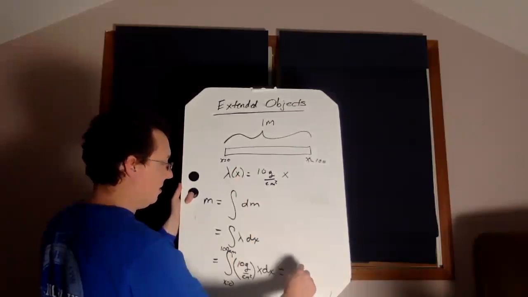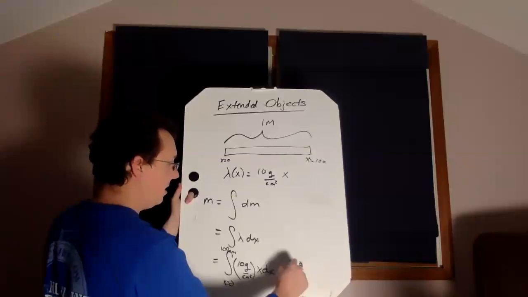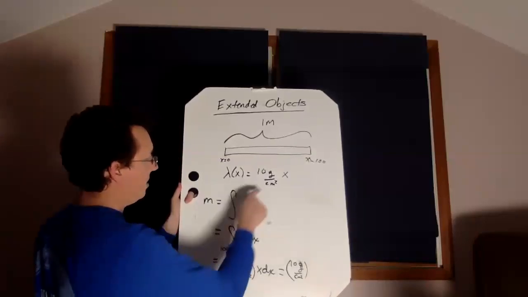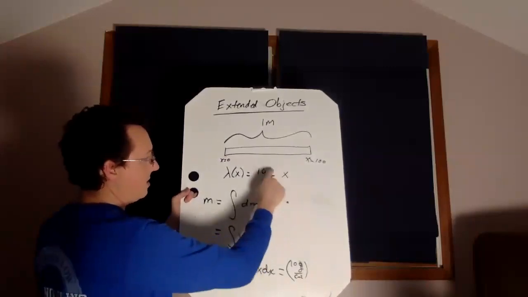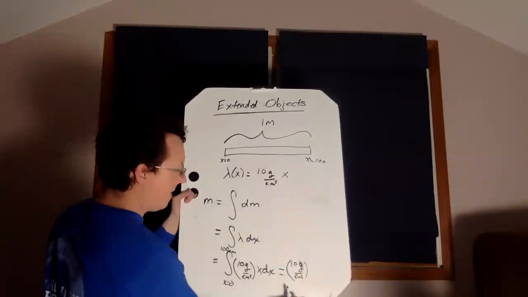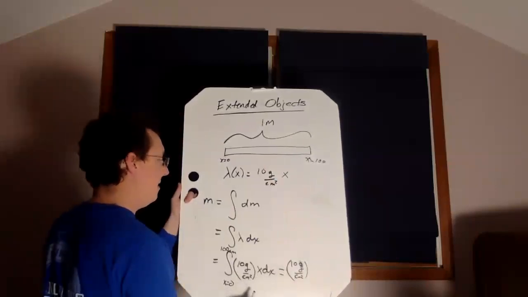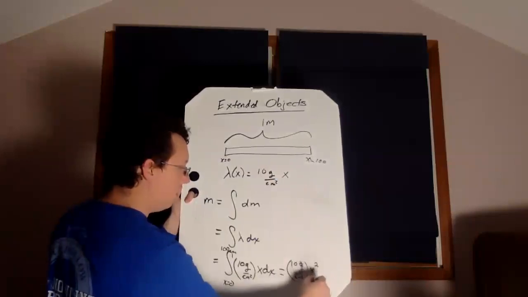So this is going to be 10 grams per centimeter squared. Don't worry, the units look funny because I had to multiply by something with units, but overall lambda has units of mass per length. Okay, and I do the integral, so I'm going to get an x squared over 2.